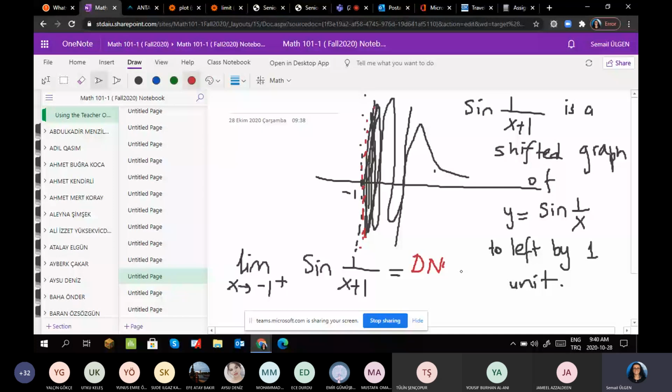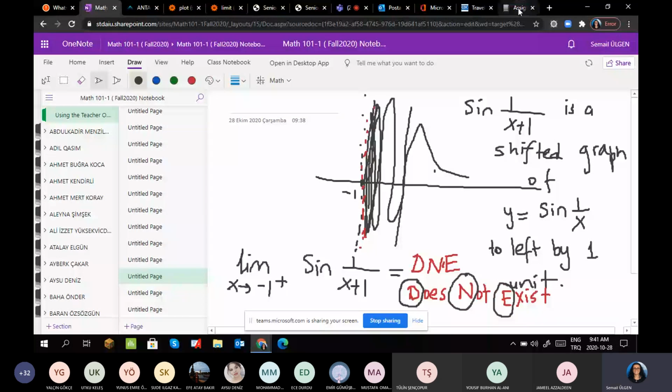DNE means does not exist, because it's oscillating. Whenever you have a graph that's oscillating, you should say it does not exist. You can write this in short.